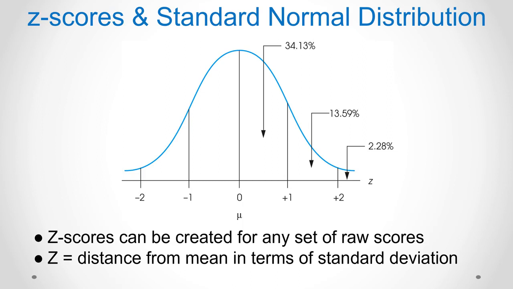Z-scores tell us the exact location of a raw score from the mean in terms of standard deviations. For example, if I have a z-score of negative 1.46, I interpret this as this raw score is exactly 1.46 standard deviations below the mean. We use the Z distribution to locate where a raw score would be.